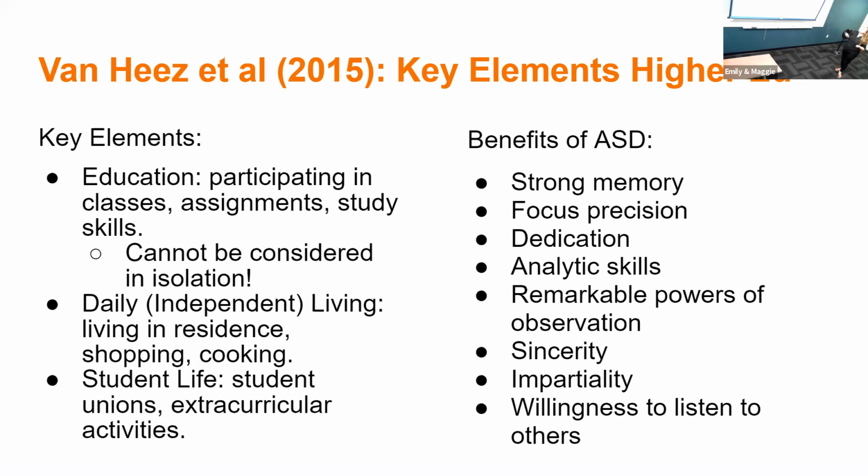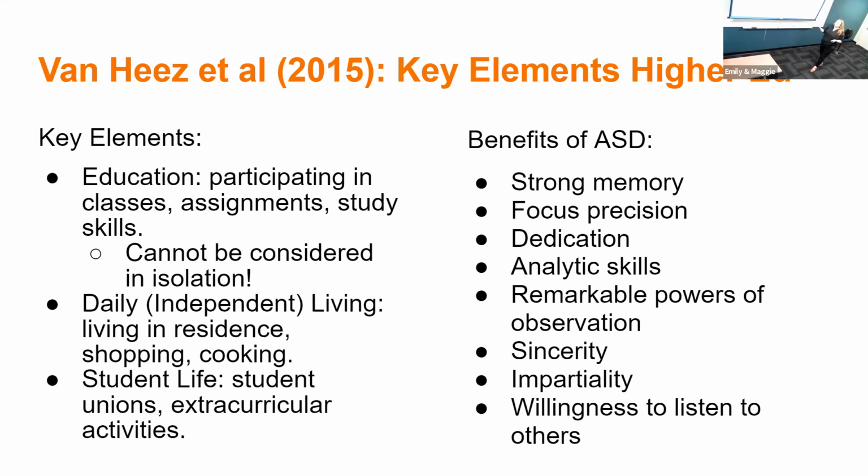Thank you. So this article, I teach a class on neurodiversity, and this is an article that I go through with my students. It's incredibly helpful. It did interviews with college students who are on the autism spectrum. And the key elements that these authors identified get at my general philosophy that education is just one component of college success.